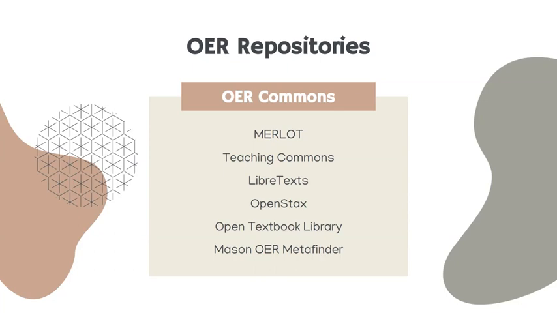OpenStax provides students with access to free textbooks in a variety of formats, including EPUB, PDF, and Kindle formats, but they also have the opportunity to purchase hard or soft-bound editions that they can specify are either printed in monochrome format or color format, depending on what cost they want to pay for those printed materials. OpenStax is supported by Rice University.